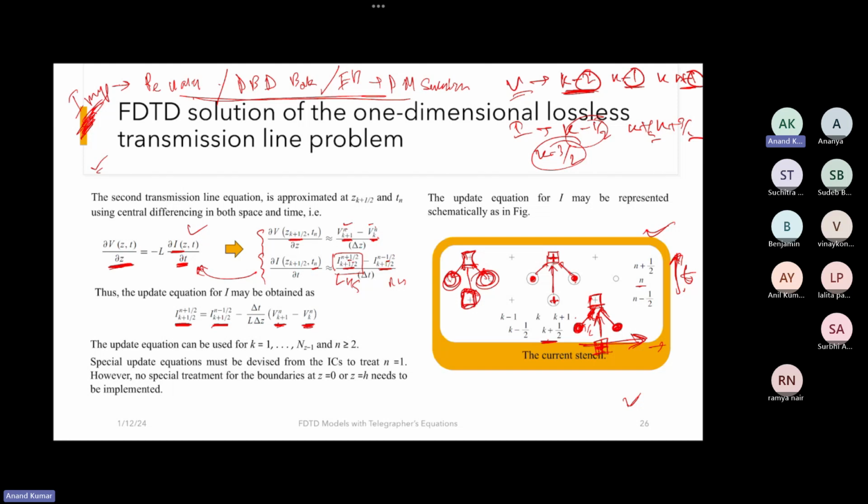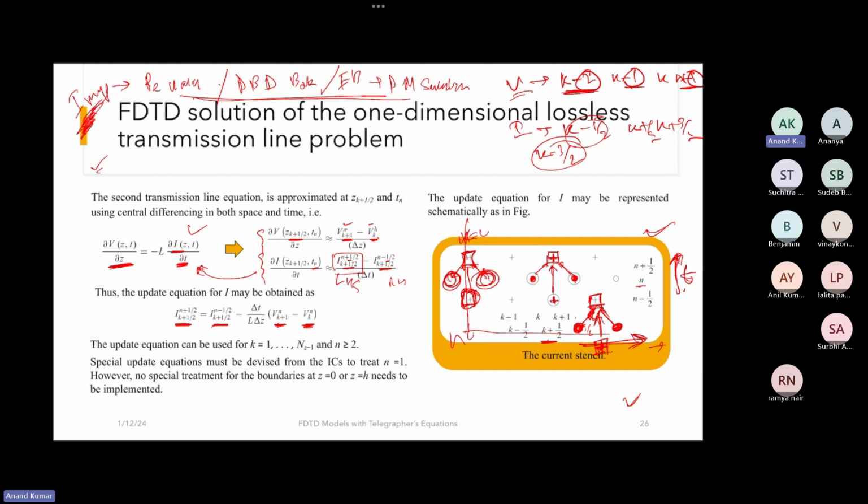Okay, so now that we have formed the stencil for voltage and current values throughout the space, the only problem lies when we are trying to evaluate them at the boundary. So for example, what happens if this is n equals 0, or this is k equals 0?